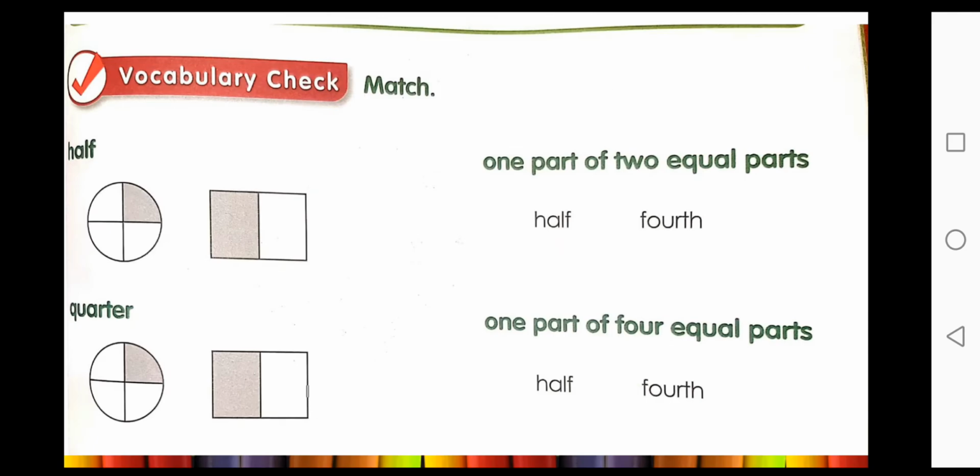Now, match. I have half. If you look at the first 2 shapes, I have 2 shapes, okay? One of them is divided into 4 equal parts, and the other one is divided into 2 equal parts.